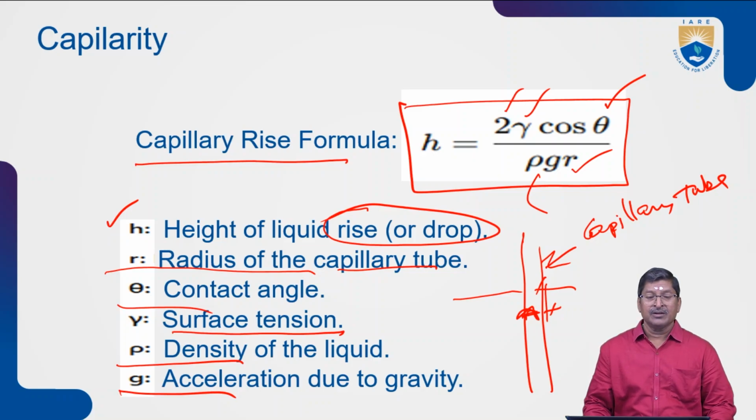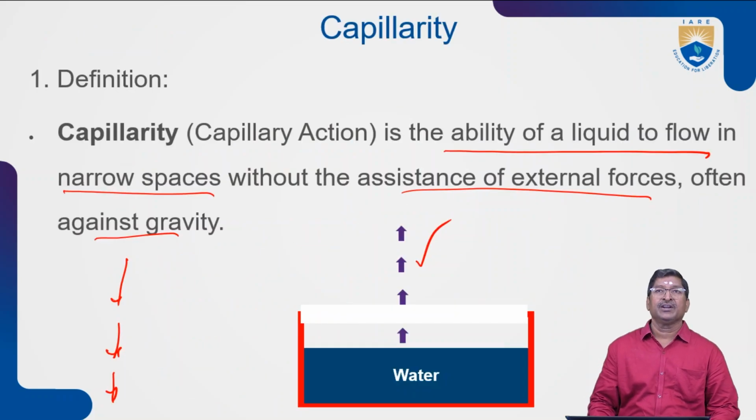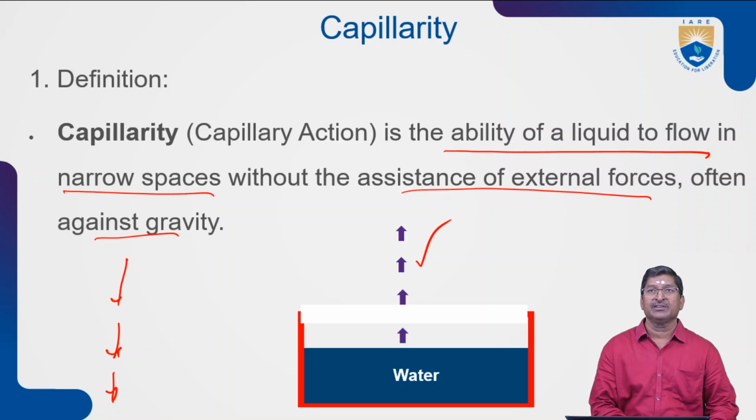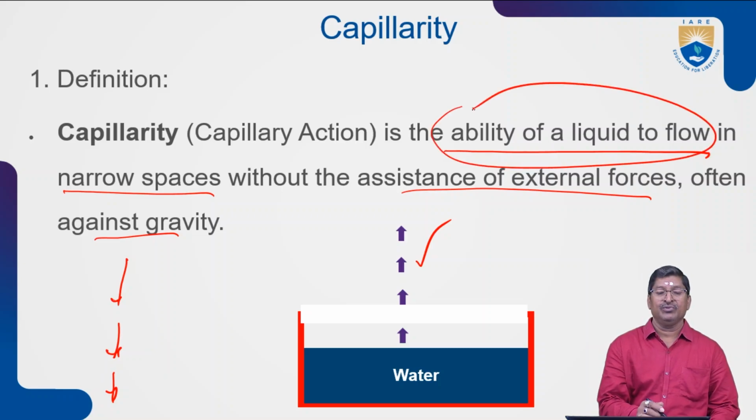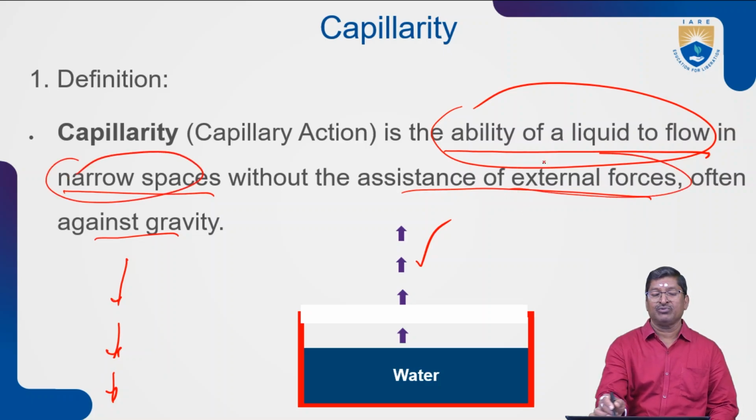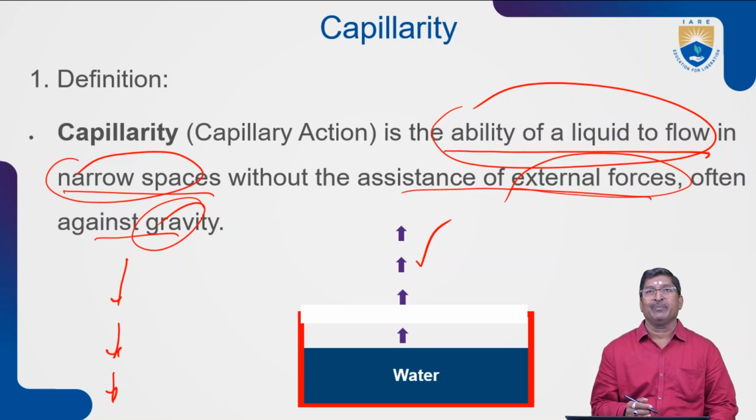So today we have seen the definition of capillarity. It is nothing but the ability of a liquid to flow through narrow spaces without using any external forces, or against gravity. Some liquids will rise or some liquids will drop, which is called capillarity here.